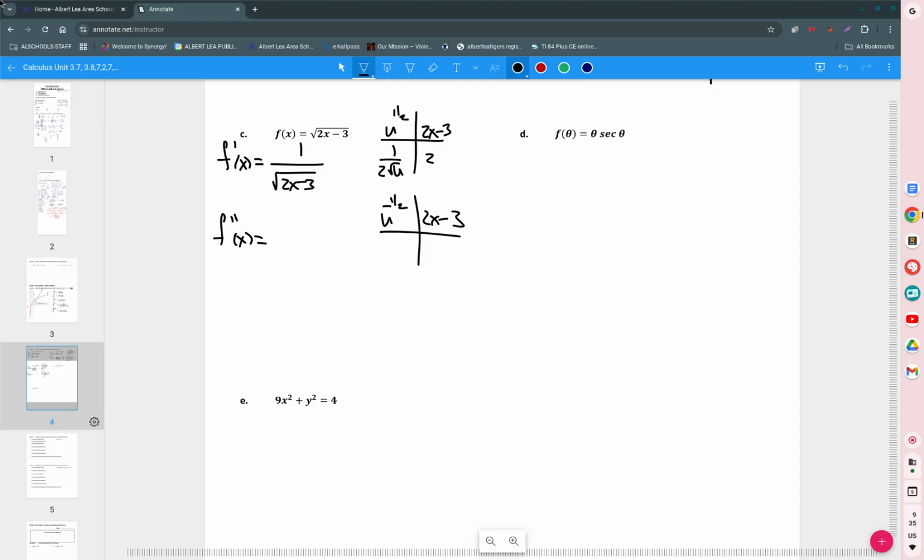I take the derivative and I get 2, and here I get negative 1/2 times u to the what power? Negative 3 over 2. Notice that the 2's will cancel, and I get negative 1 over the quantity 2x minus 3 to the 3/2 power.